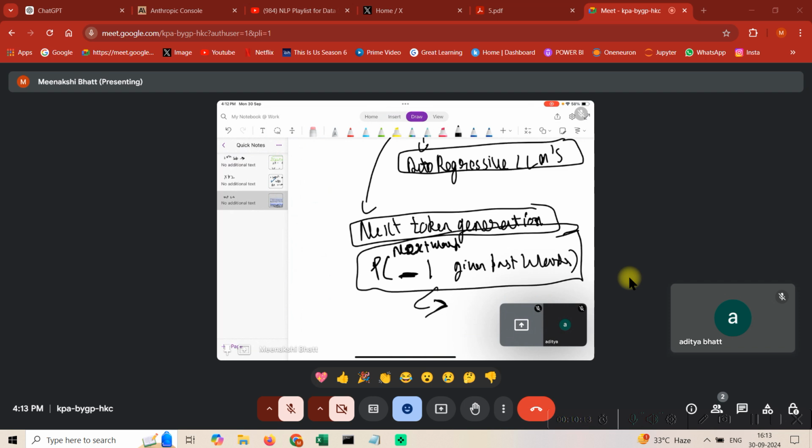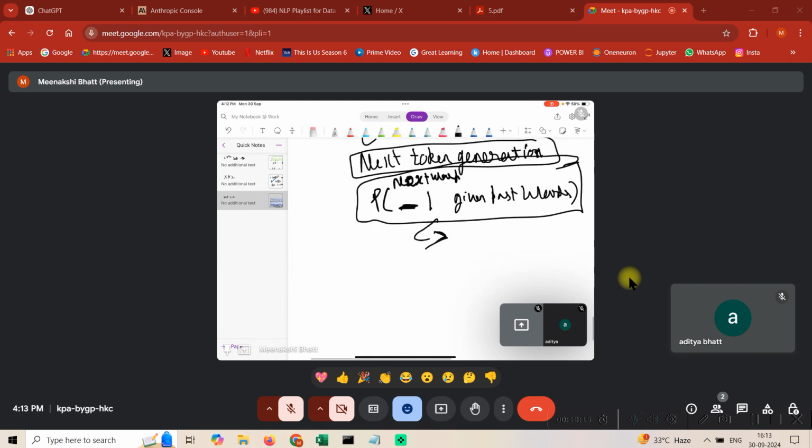Over time you will understand, but the main thing is that in the last layer, multiple words are assigned multiple probabilities, and the word with the highest probability, some people like to call it argmax, is selected. So a model is essentially generating the next word or token.